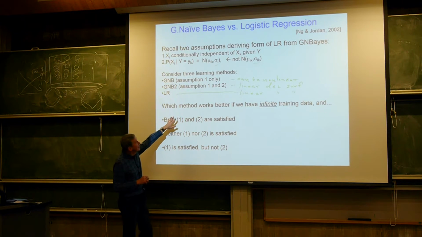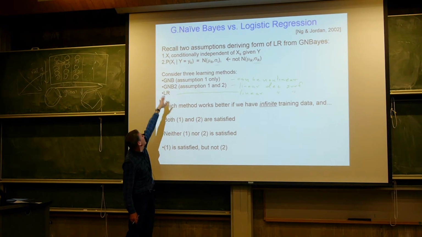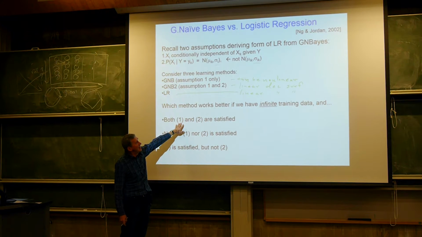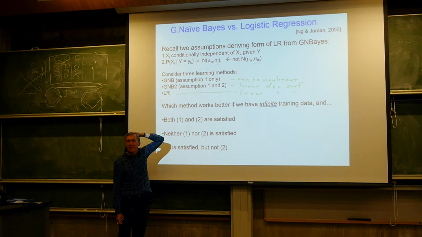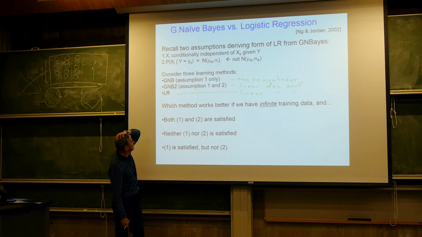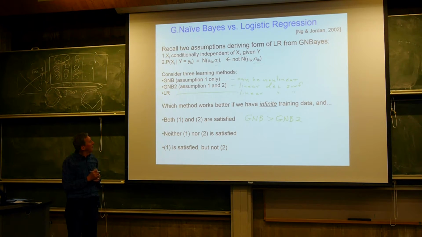So if we have infinite training data, and we happen to be in a world where both of our two assumptions are satisfied, then what's the relative dominance of these different algorithms? Well, I guess what we can say is that GNB will dominate GNB2. But as we showed, we can't really say that.